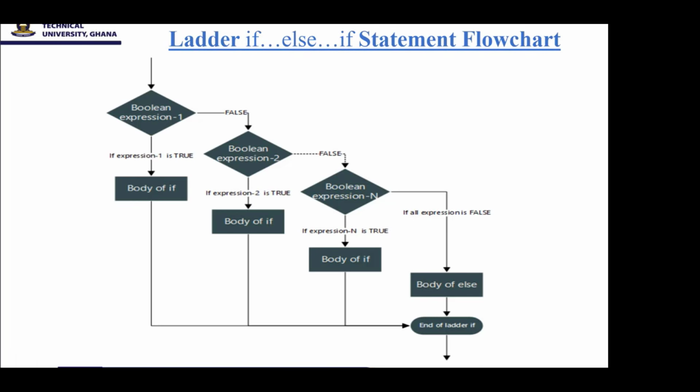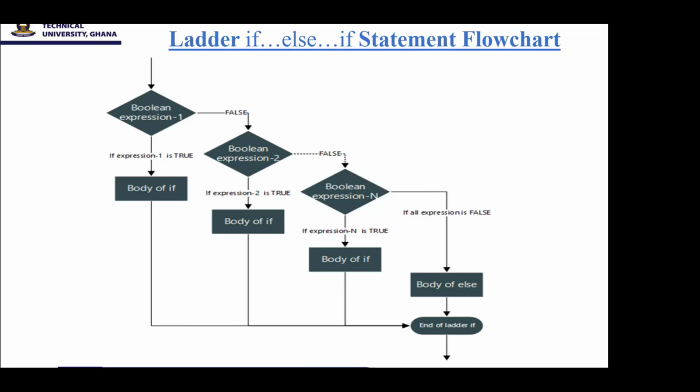Now, let's look at the illustration of the if-else-if statement with the use of a flowchart. Here, you have a Boolean expression 1. If Boolean expression 1 is true, then you are not going to look at Boolean expression 2 and the nth Boolean expression. However, if Boolean expression 1 is not true, that is when the flow of execution moves to Boolean expression 2. Check Boolean expression 2.